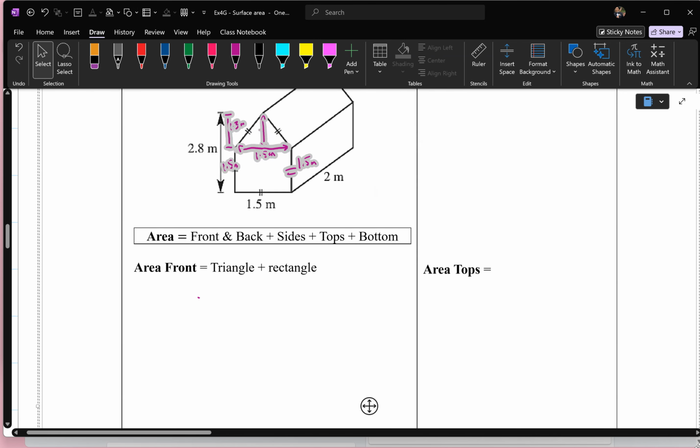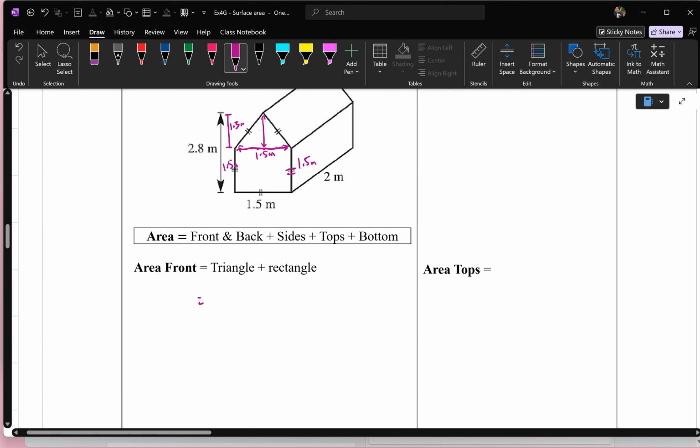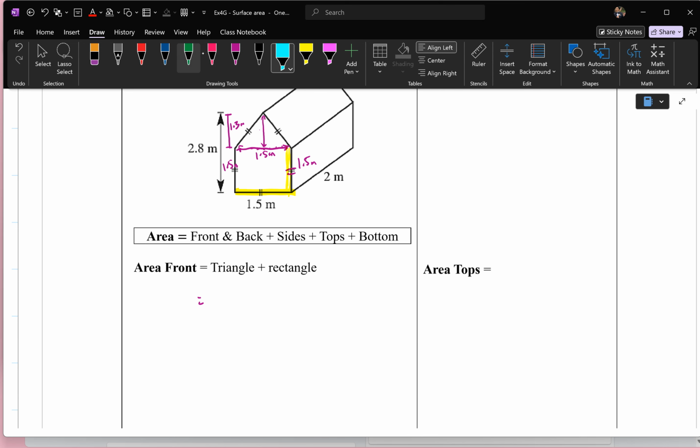So putting them all together, let's have a look. Rectangle is clearly length times width, still the same. Technically, it's a square, 1.5 times 1.5. So you're doing 1.5 times 1.5 to find the area of this region. And then the triangle, well, it's half times the base, which is 1.5, and then times the height, which is 1.3.